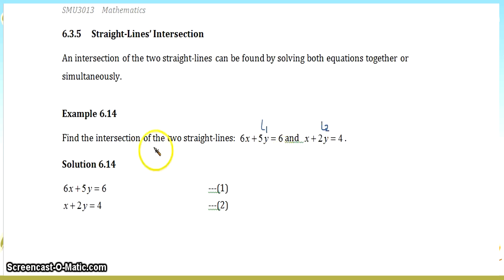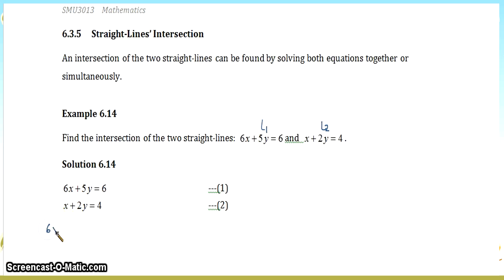Let's label the first line as equation 1 and the second, L2, as equation 2. From here we can see that we can have the same coefficient of variable x. To get the same coefficient of variable x, we multiply equation 2 by 6.